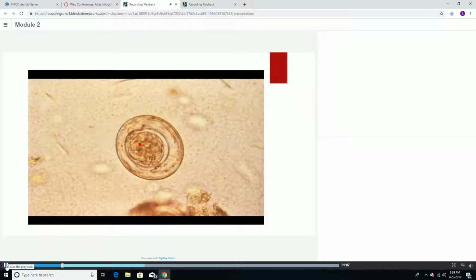You can kind of see those filaments emerging. We have hooklets inside the egg right here. There's usually three pairs of those hooklets in the egg, and then you've got an internal structure and then an external structure. That external structure is a colorless shell. So this is a Hymenolepis nana egg.